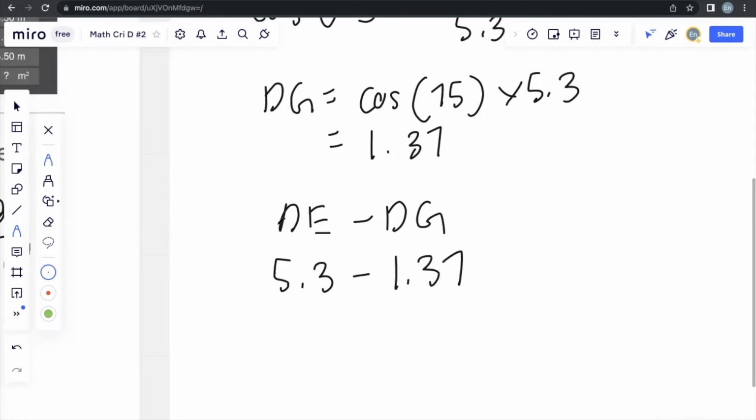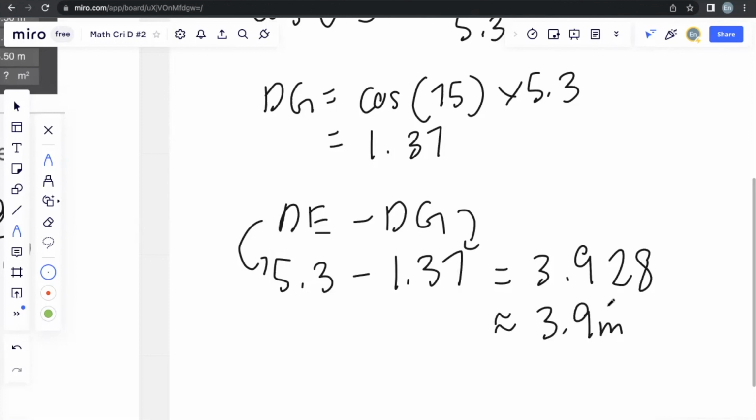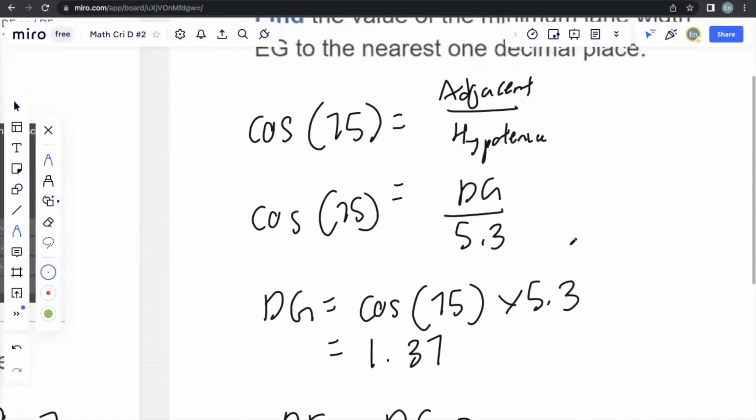In this case, we'll be getting 3.928, which is 3.9 meters, which is the minimum lane width.